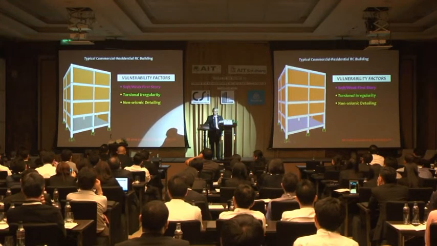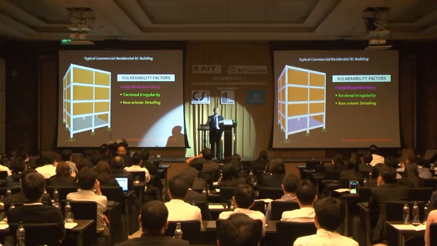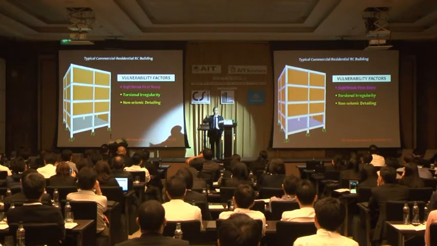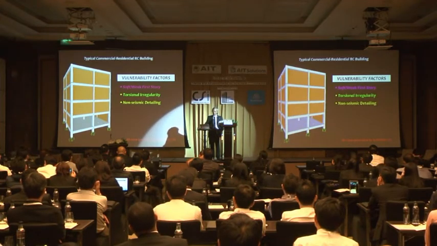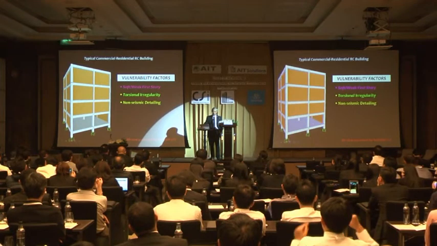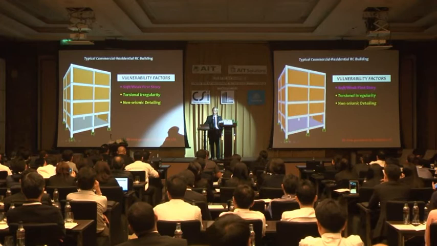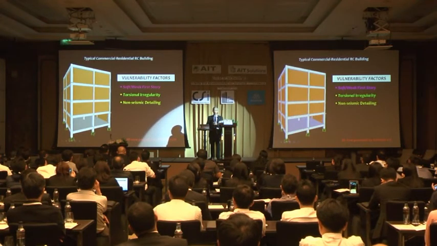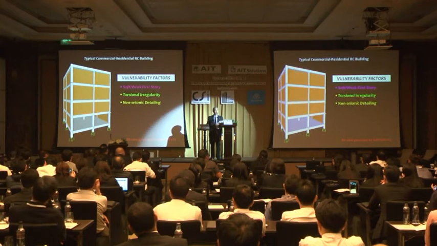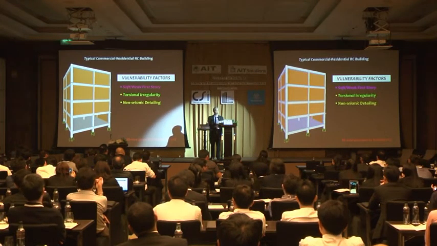You have fewer walls in the first story, especially in the street front. We don't put a wall in the street front so that the people can have access to the building. But we have walls on the side and on the back. So this creates a so-called soft story in the first story.